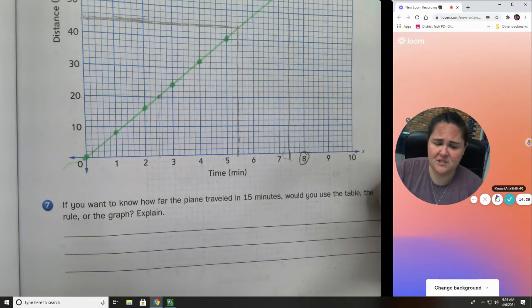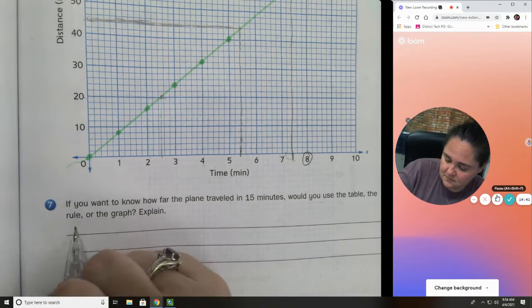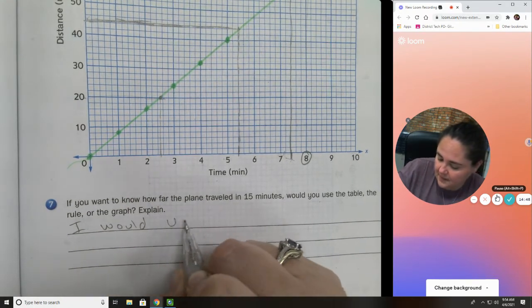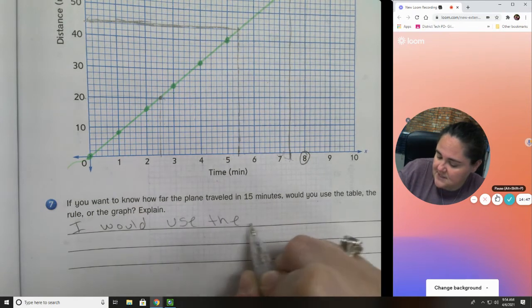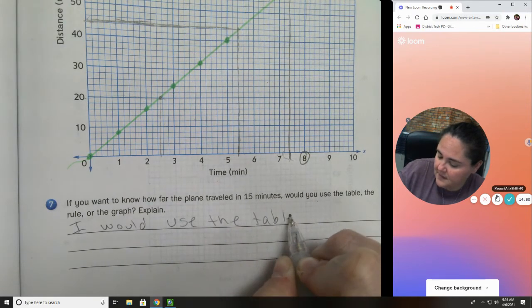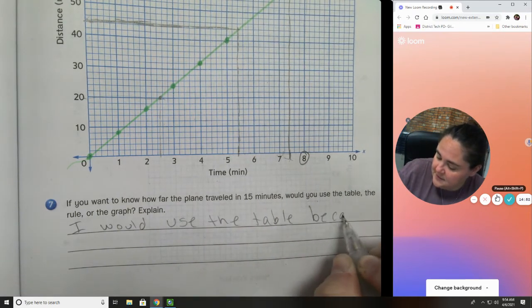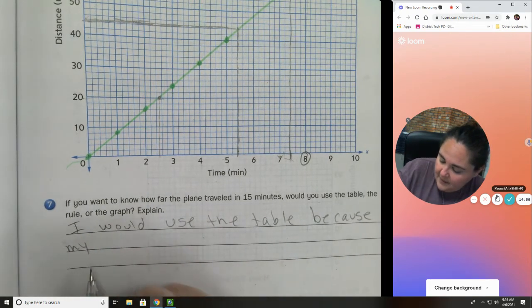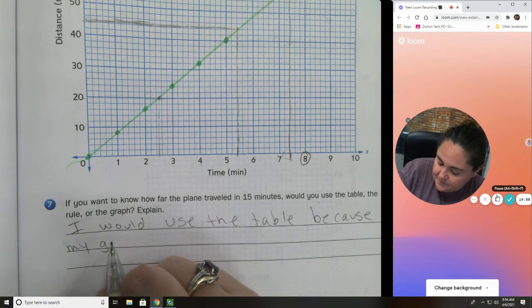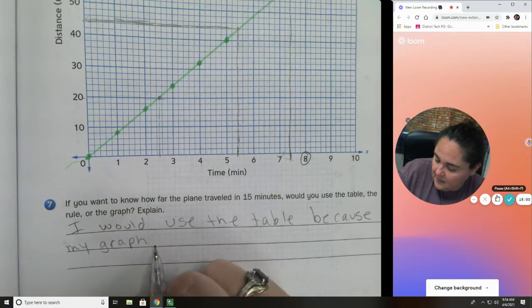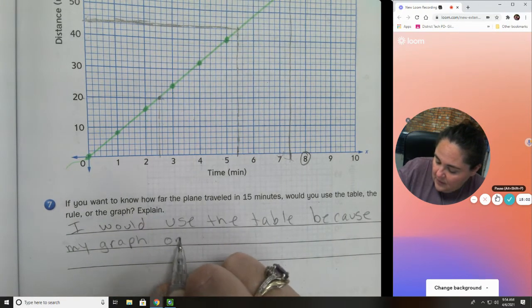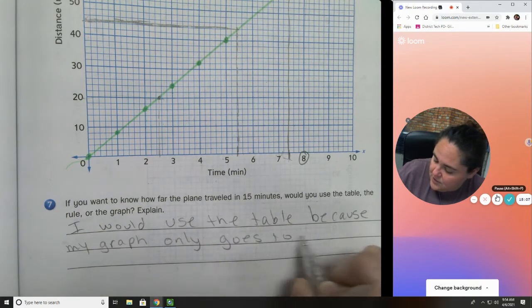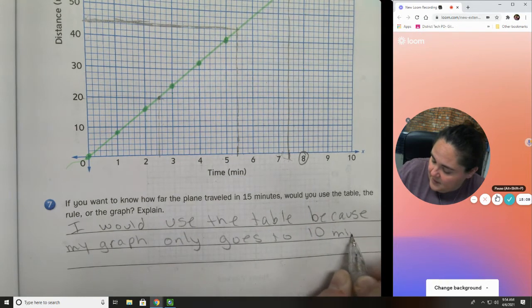So I would have to use the table because my graph only goes to 10 minutes.